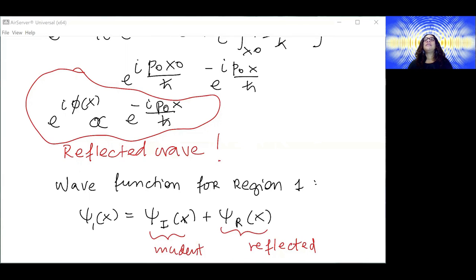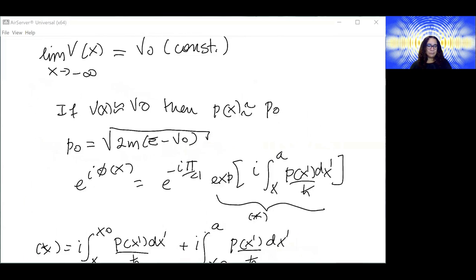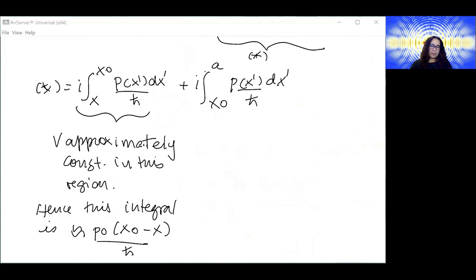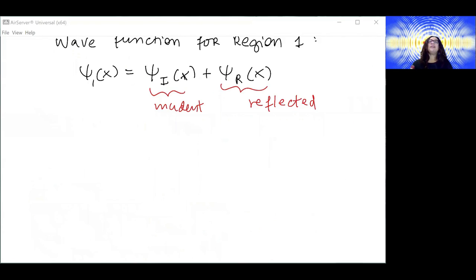So if you consider this, let me look at the expression. We know this is the reflected wave, which we have just shown by this limit. This is going to be the incident wave. So we can have a look.